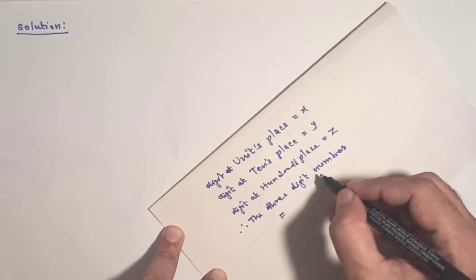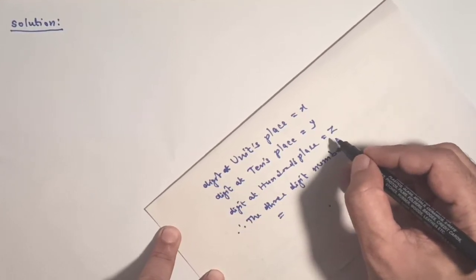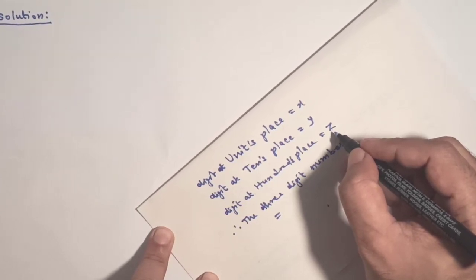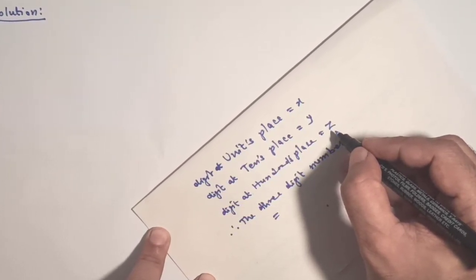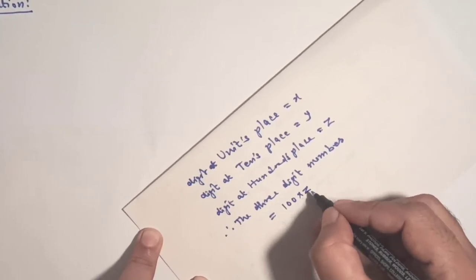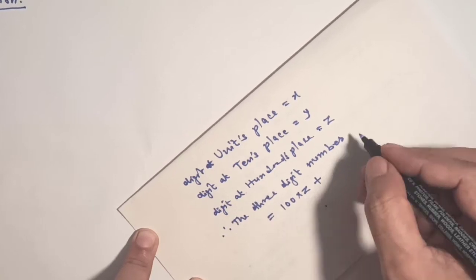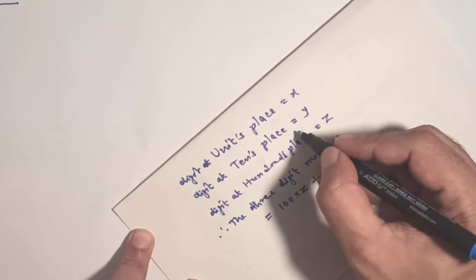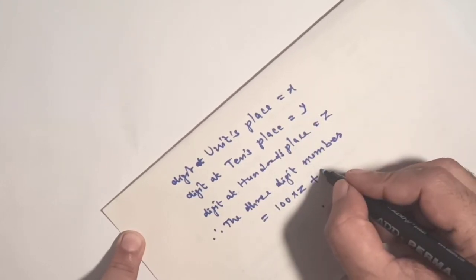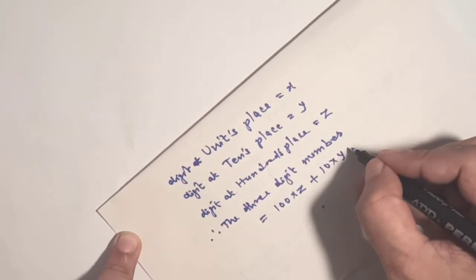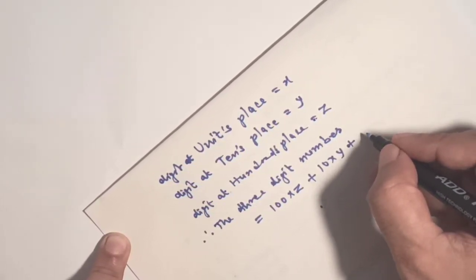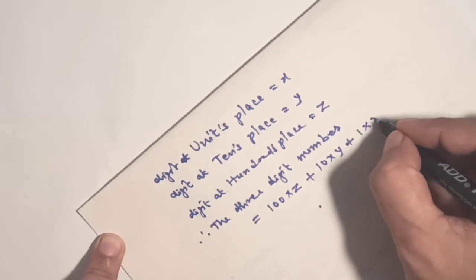Therefore the 3-digit number is equal to: z will be multiplied by 100 because it is at hundreds place, so its value will be 100 into z, plus y is at tens place, face value is y, but place value is 10 into y, plus the digit at units place, so 1 into x.